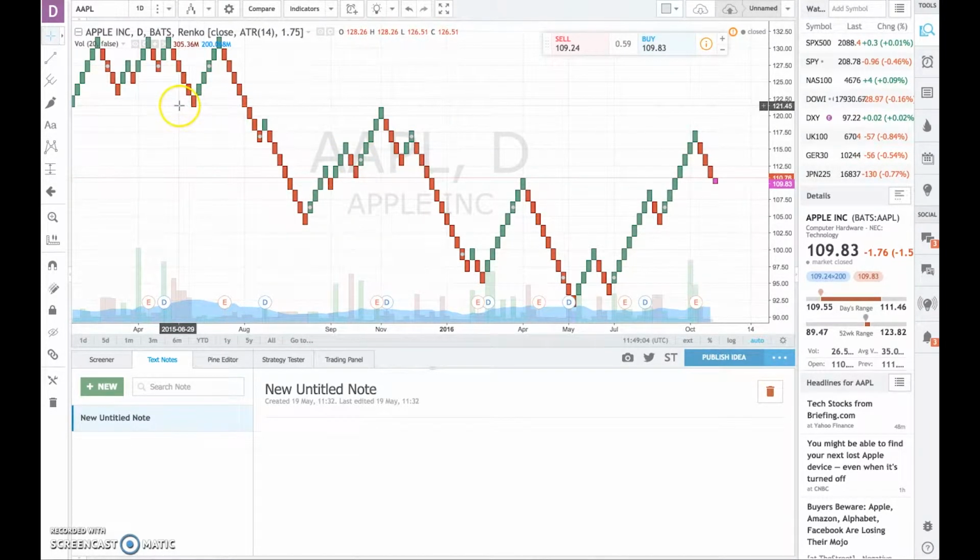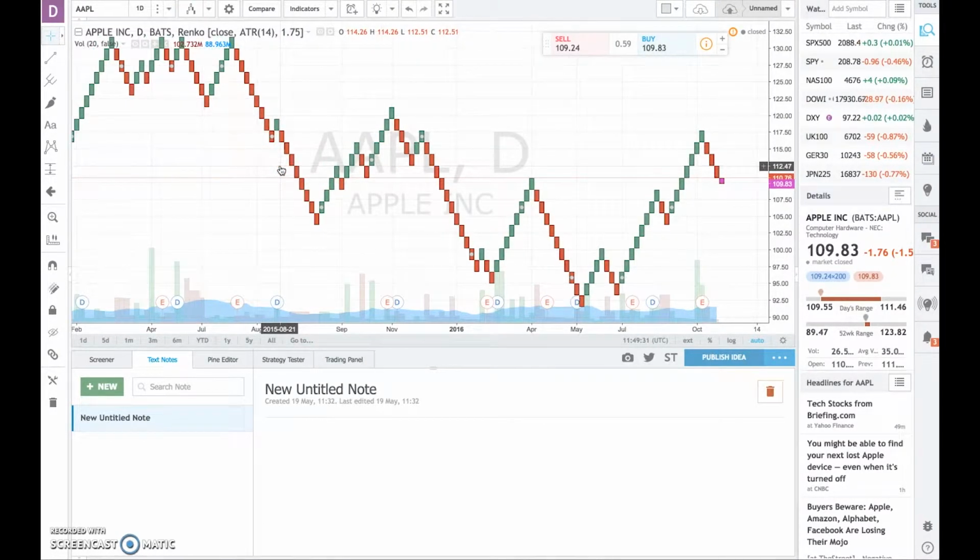So the Renko graphs are broken down like this. You see this little number up here, $1.75. This was a predetermined amount of how much each of these blocks indicates. When the price moves, whether up or down, $1.75, then it creates a block.